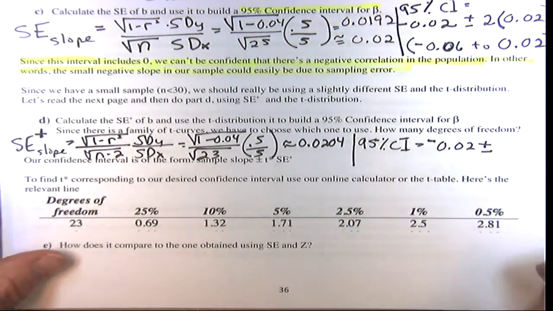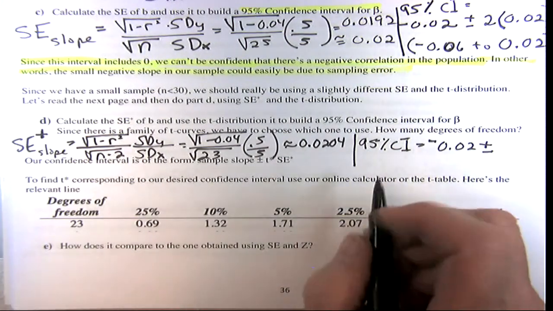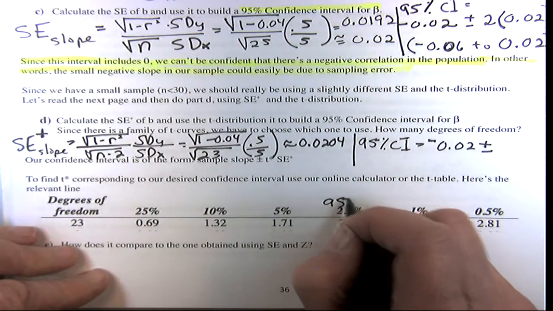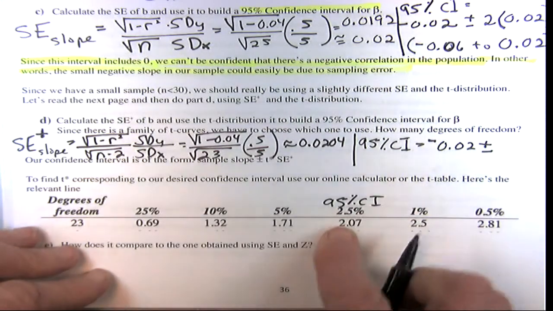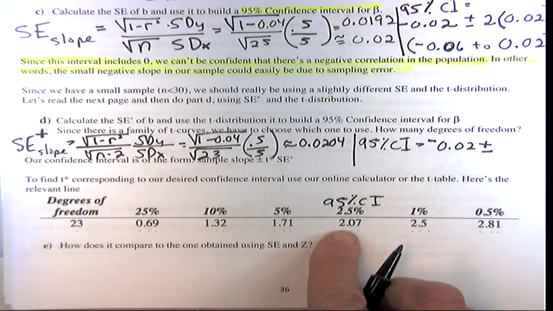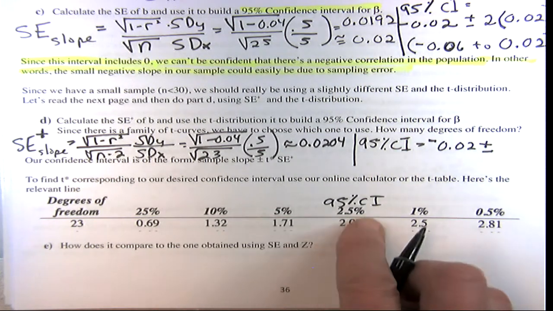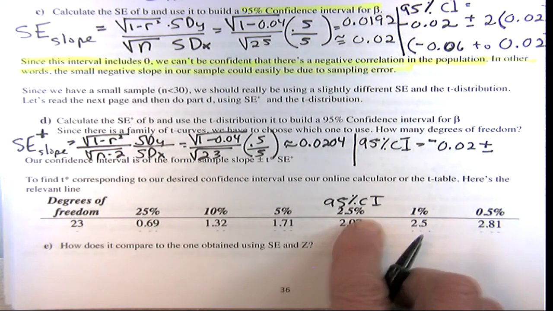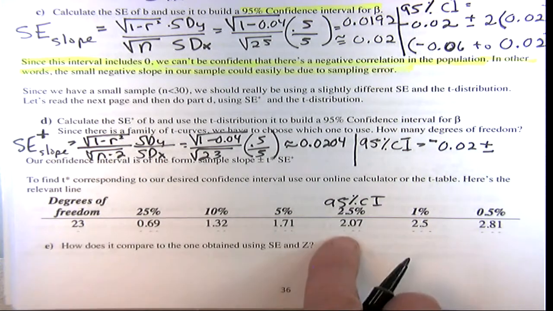So here's our 95% confidence interval. This means between t of 2.07 and negative 2.07 is 95% of the area on the t-curve. This is for 23 degrees of freedom. So that's the critical value we want.